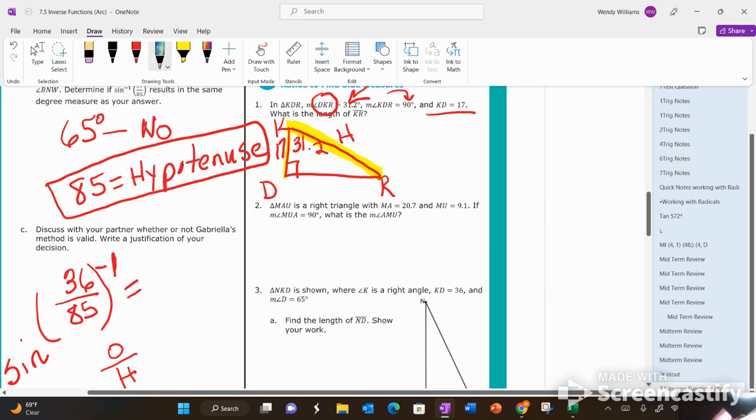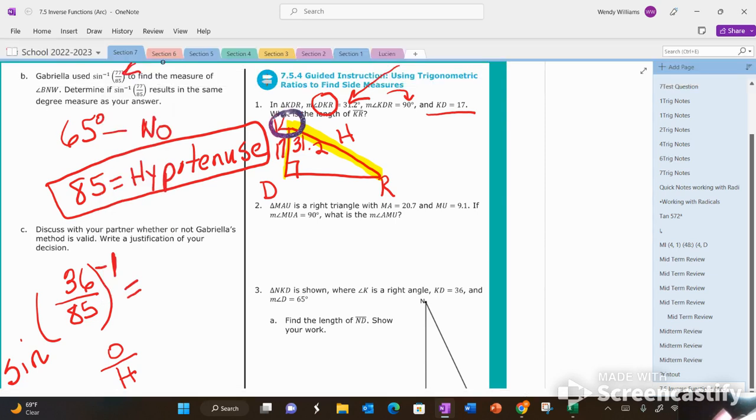You're right. According to K, it's adjacent over hypotenuse, and that would be cosine. But this time they give me the angle. So if they give me the angle, we simply plug it in and use it.